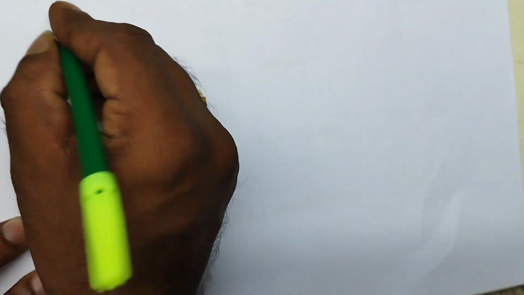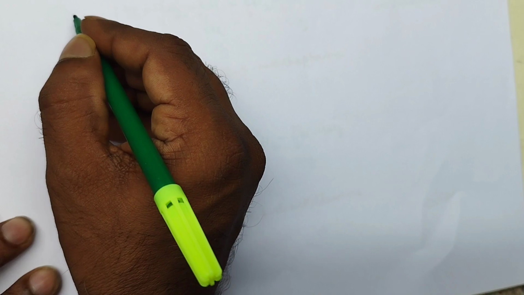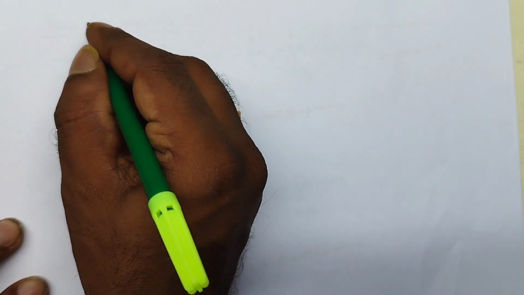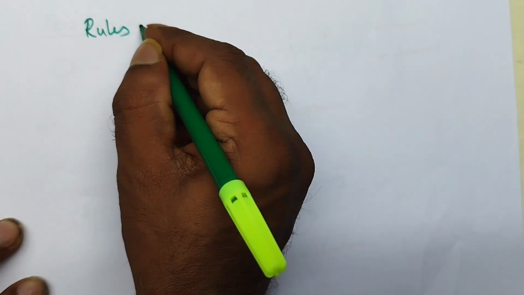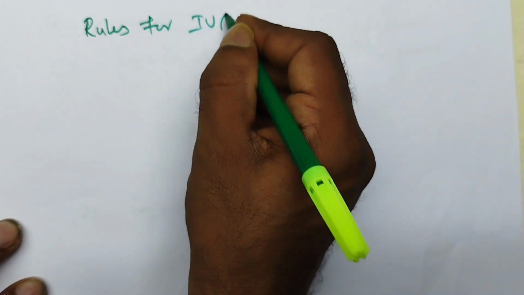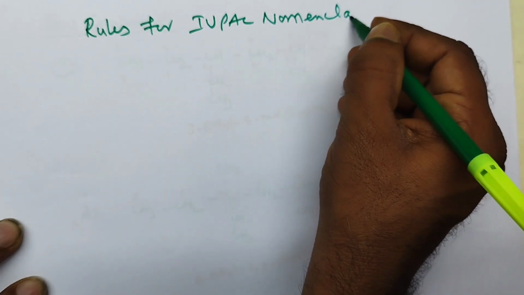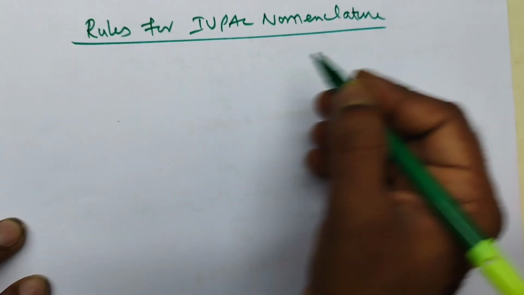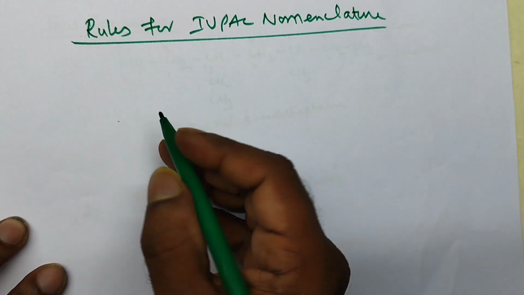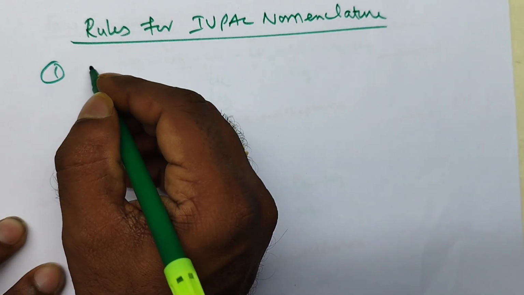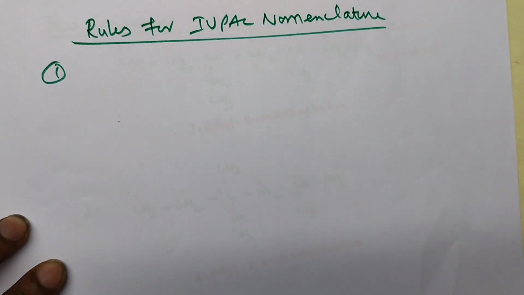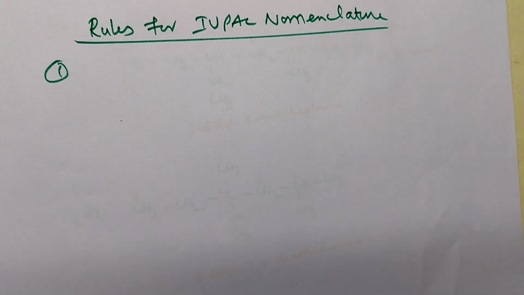Now based on this, I will write the rules for IUPAC nomenclature. I am going to give the general rules. First, you have to select the longest carbon chain as the parent name.